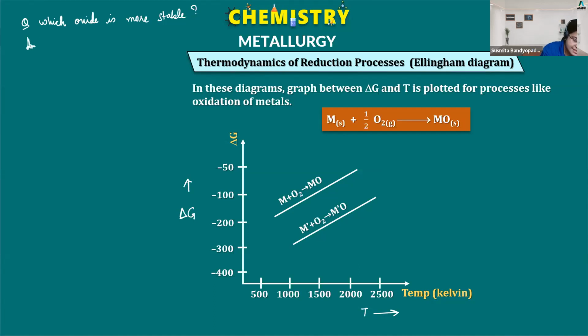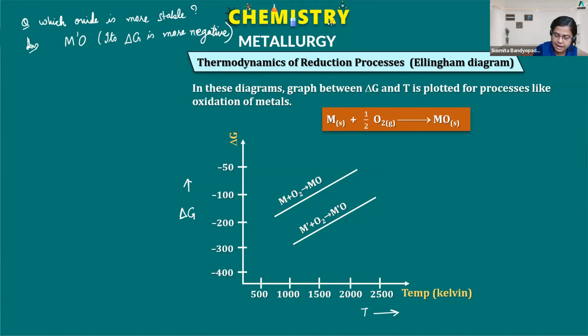So the answer is the oxide of M dash, M dash O as given here, is more stable. Reason: its delta G is more negative. The more negative the value of delta G, the greater the stability of that particular oxide.